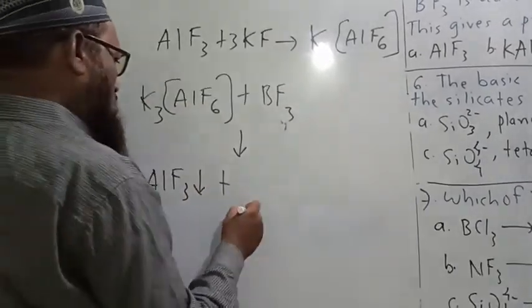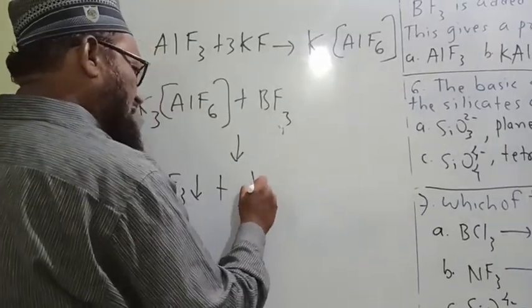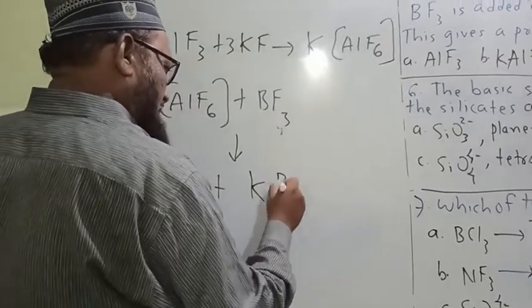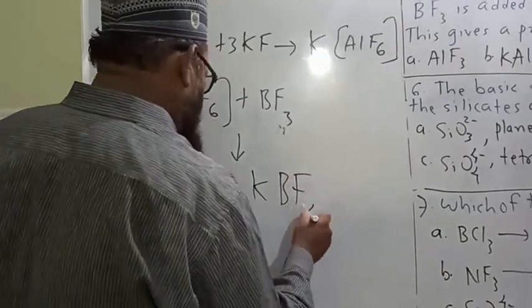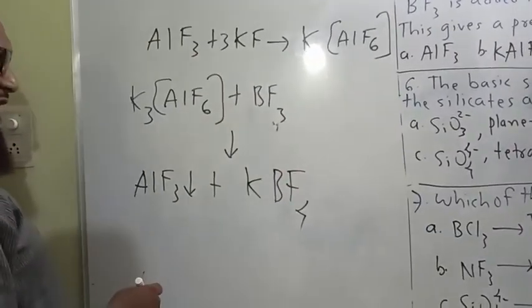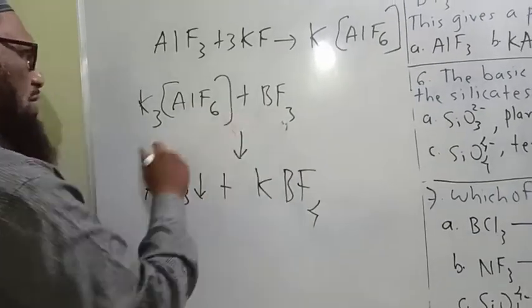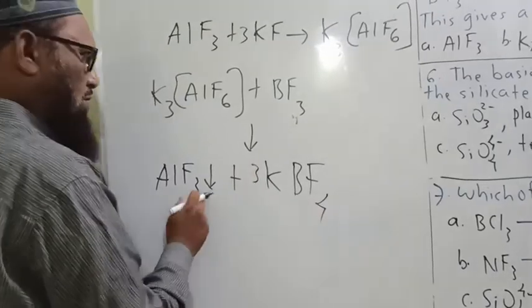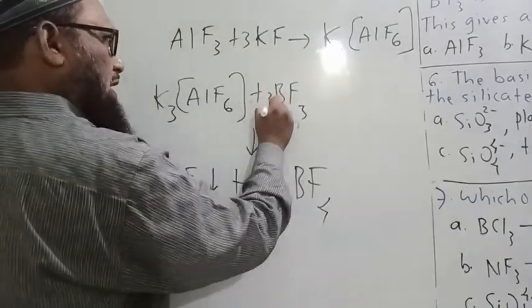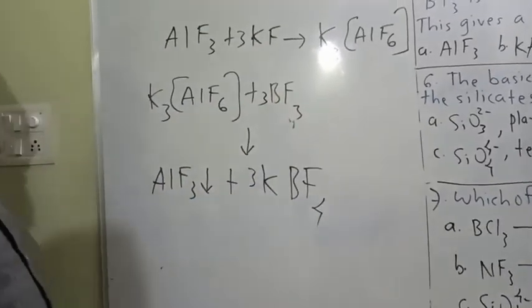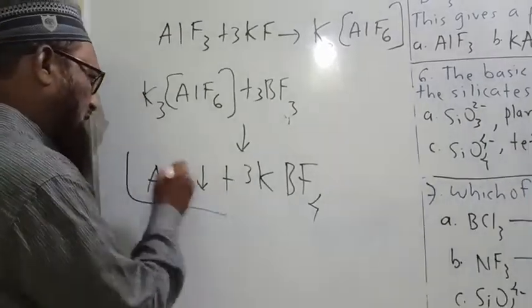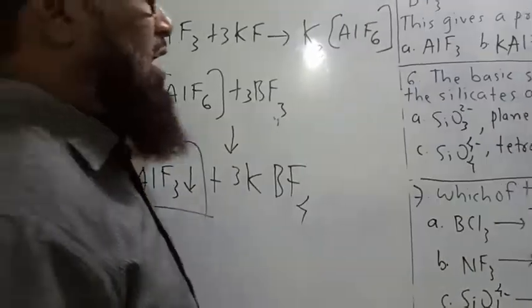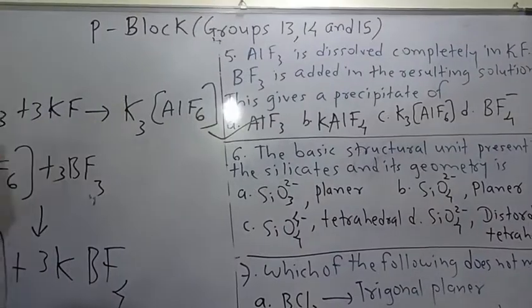AlF3 precipitates out, leaving behind KBF4. Let us balance the reaction. To balance the reaction, here 3 potassium, fluorine 15, so we write thrice BF3. Reaction balanced. Which precipitate is obtained? AlF3. A is the correct option.